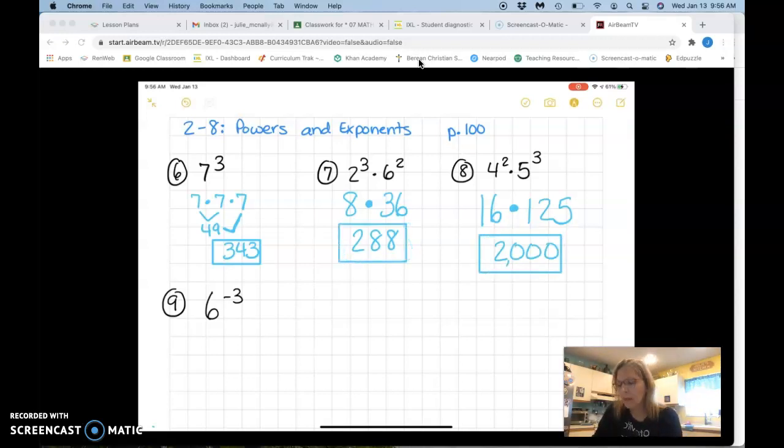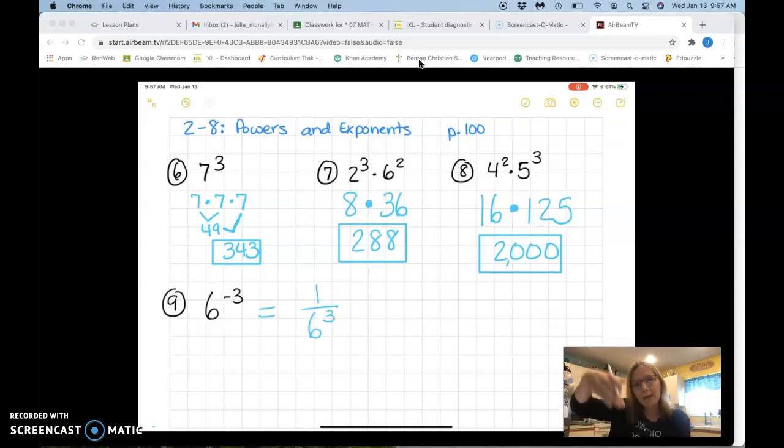All right, one more. So this is a negative exponent. It has a little bit of a special situation. When you have a negative exponent, you cannot solve it while the exponent is negative. So you have to get rid of the negative exponent. So the way to do that is to make it a fraction with a 1 on top.